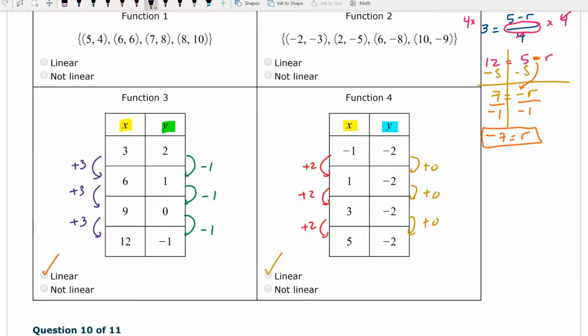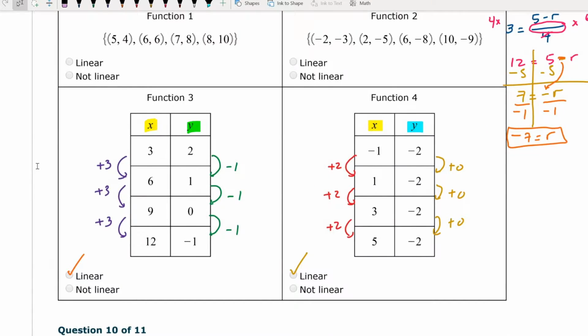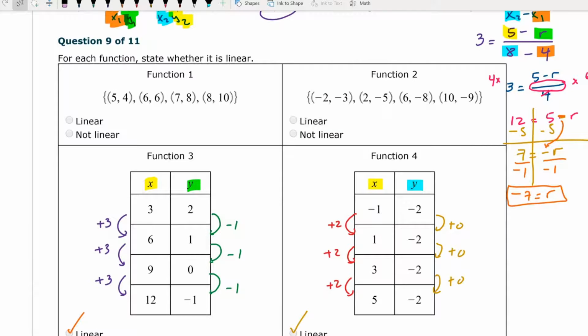Okay. If you understand that, it's maybe easier for function number 1 and 2 if you construct an x and y value table. Okay, number 1. On the side, I will put x, y. You're going to put 5, 4, 6, 6, 7, 8, 8, 10.